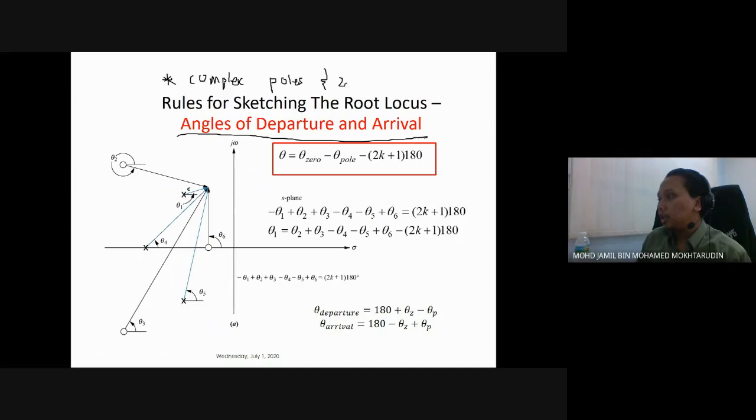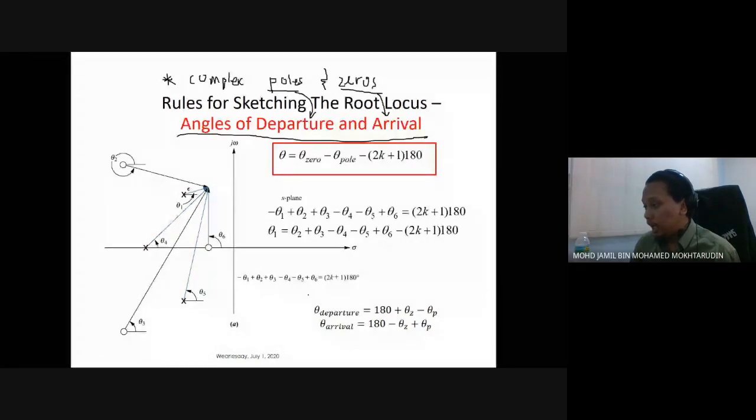So let's say when you calculate poles and zeros later, you get a complex number, complex poles and zeros. Complex poles will have an angle of departure, and complex zeros have an angle of arrival. So the formula is here.